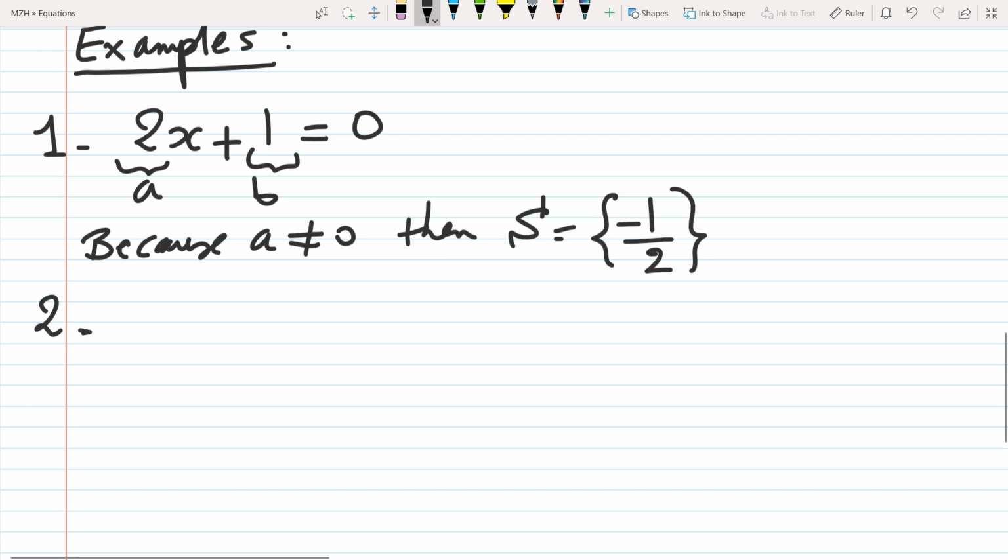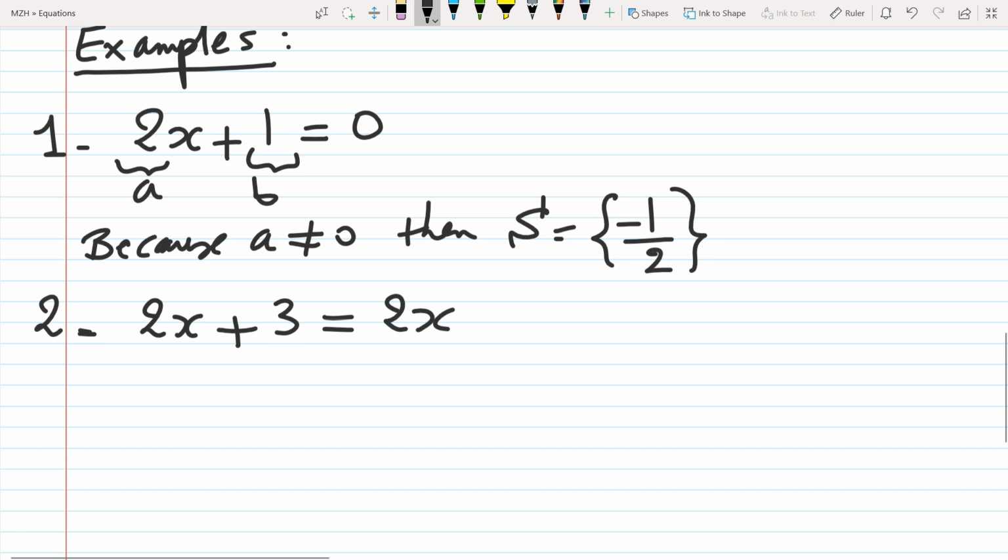The second example is, imagine that we have the equation 2x plus 3 is equal to 2x. So this involves more work than the first example, because we need to rearrange the x terms so that we get a general equation form of ax plus b equal to 0.